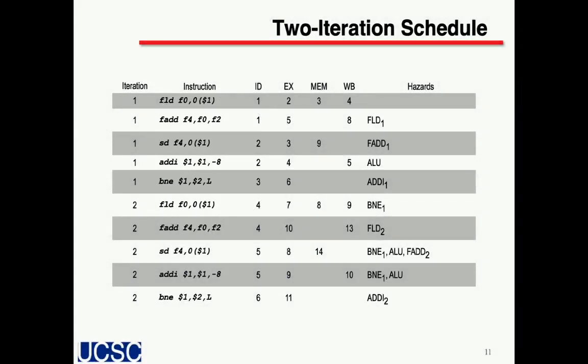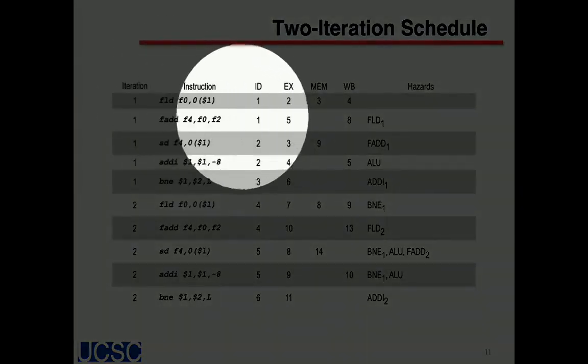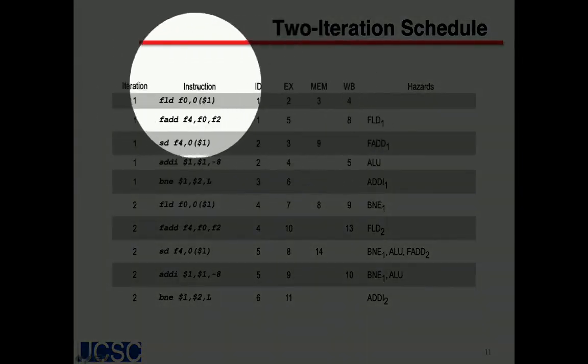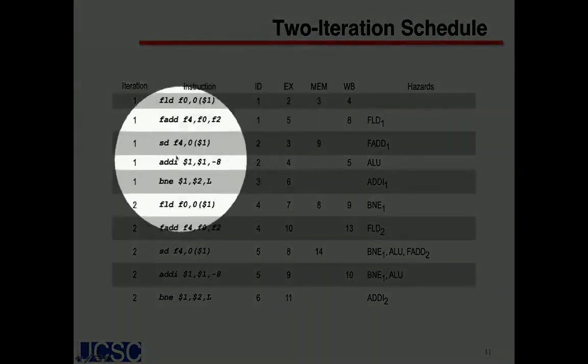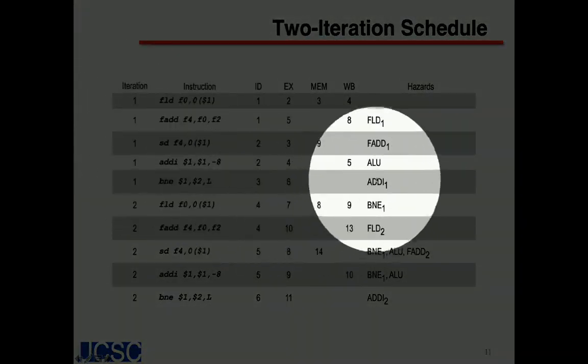And so the only thing it was waiting for was our integer ALU, which should have been available pretty early on. The integer ALU was used to compute the address for the floating point load. And so once this progressed far enough and the address was calculated, then the ALU was available for this add to use.